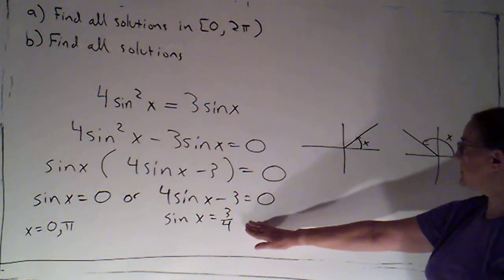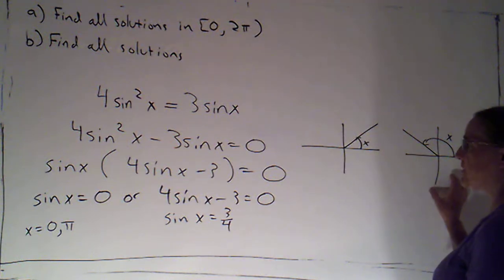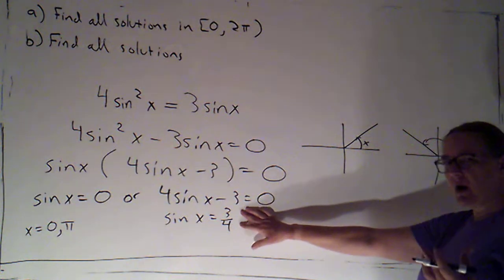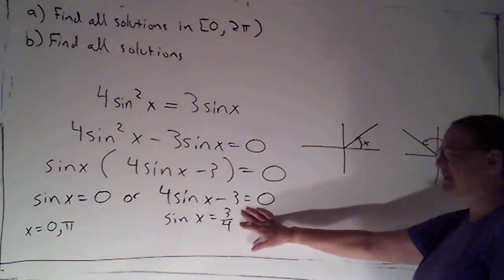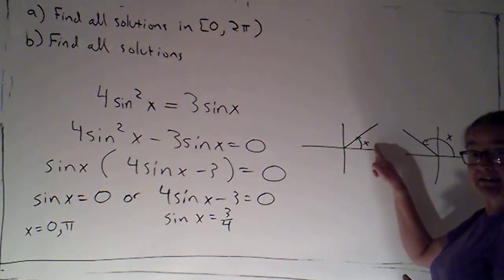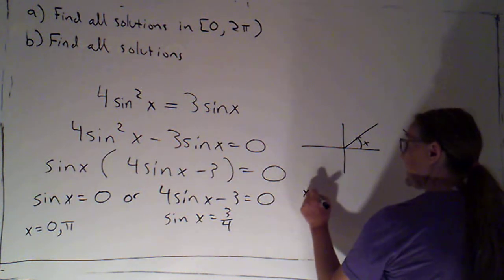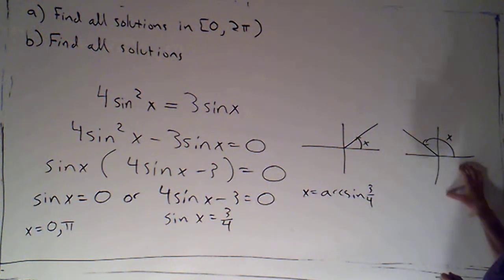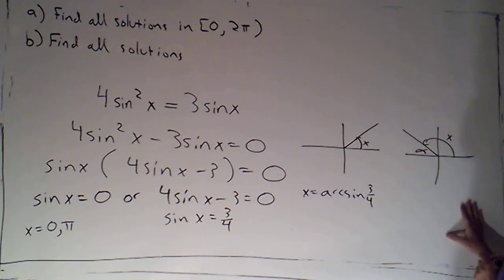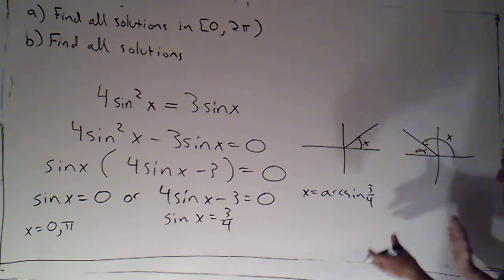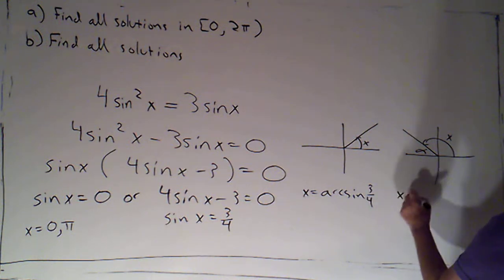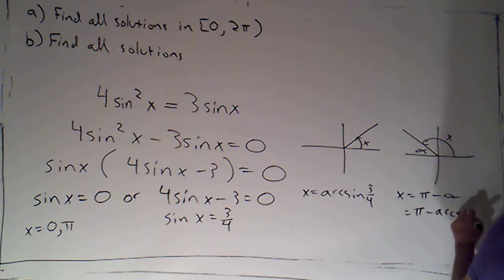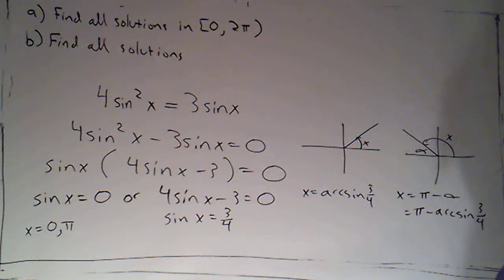So I'm looking for two solutions here, one in quadrant 1, one in quadrant 2. 3/4, that's not going to show up in a 30-60-90 or a 45-45-90 triangle. And this x is just an acute angle. So here, this x is just arcsine of 3/4. Here, that's going to be my reference angle. Okay, that's the acute angle that has the right sign. So here, x is pi minus alpha, which is pi minus arcsine of 3/4.